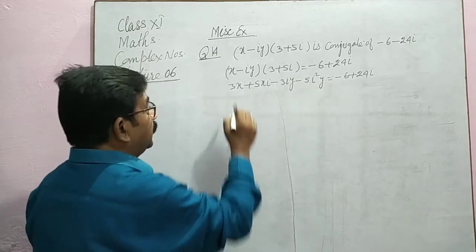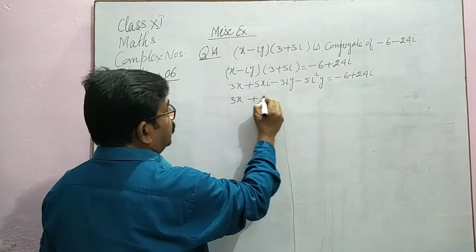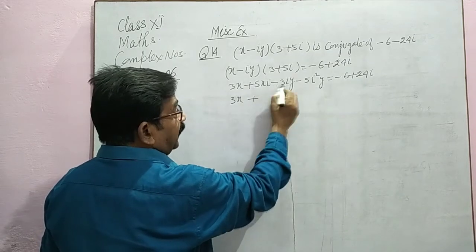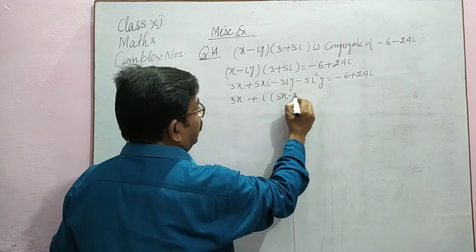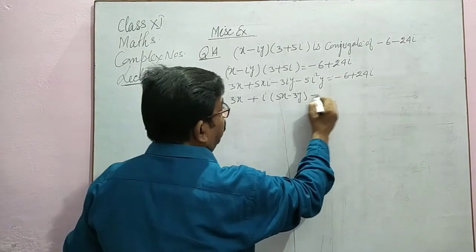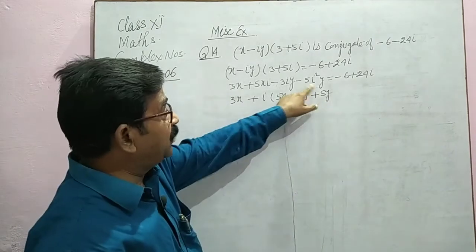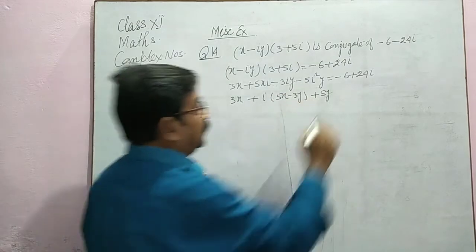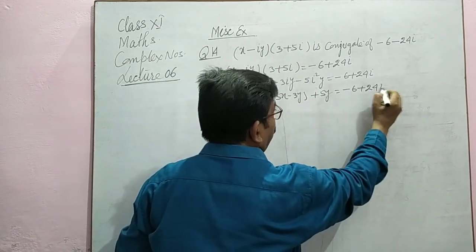So let's see, here we have 3x plus, you can take i common here. So we have 5x minus 3y and plus 5y. Here i square is equal to minus 1, so this minus becomes plus, is equal to minus 6 plus 24i.